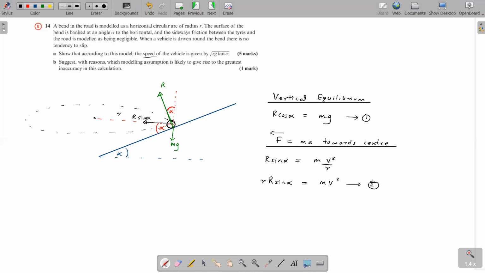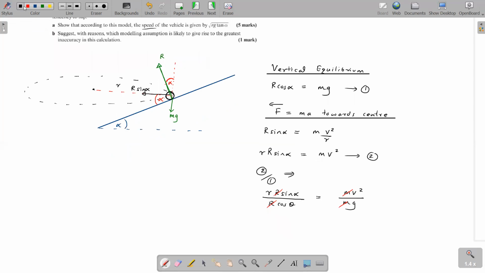You can easily get the answer by dividing 2 by 1. So you get r times capital R sine alpha over capital R cos alpha equals mv square over mg. Capital R cancels, m cancels.